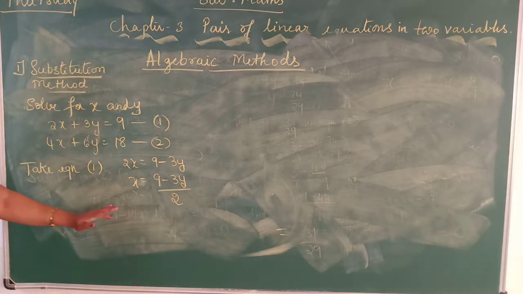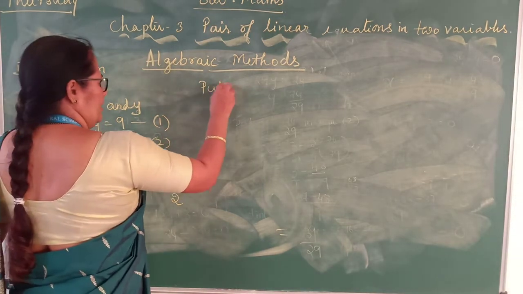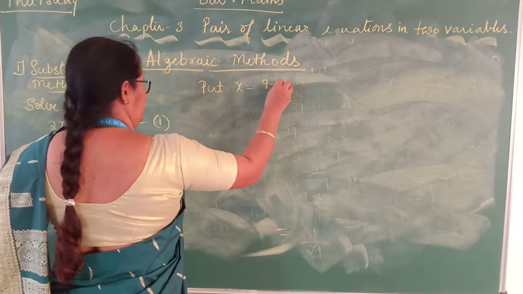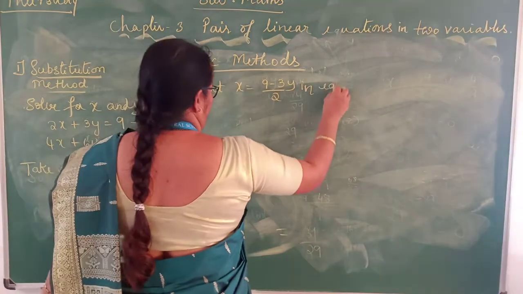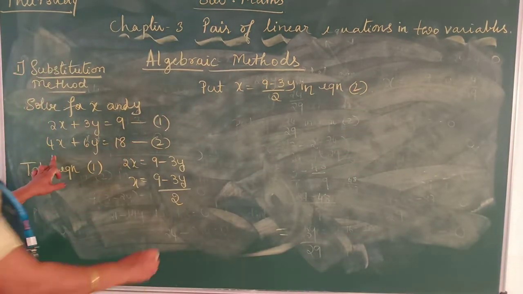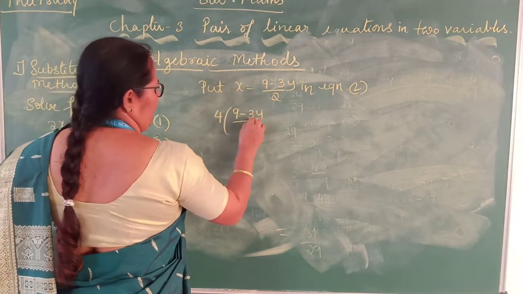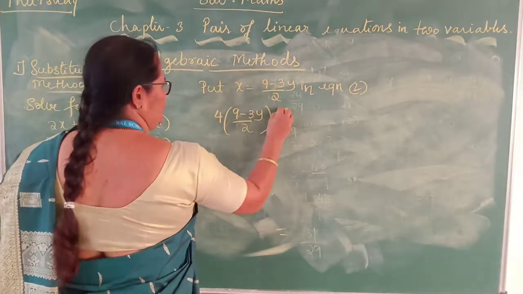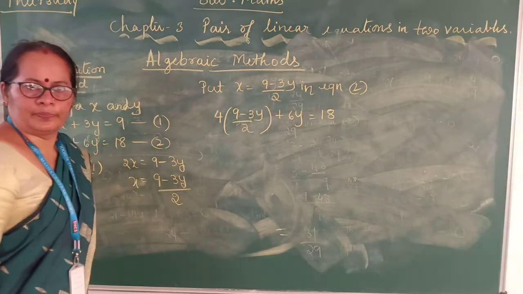Now put this x value in the second equation. Put x equals (9 minus 3y) by 2 in equation 2. What will we get? 4x, that is 4 times (9 minus 3y) by 2, plus 6y equals 18.